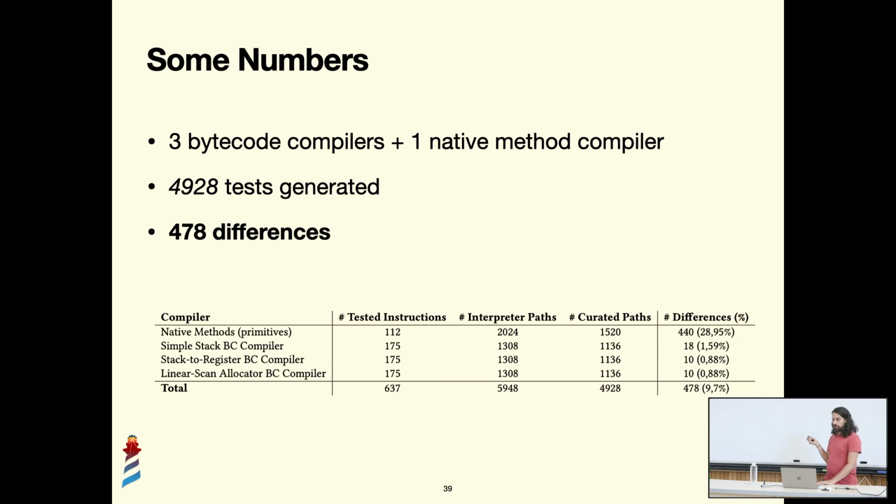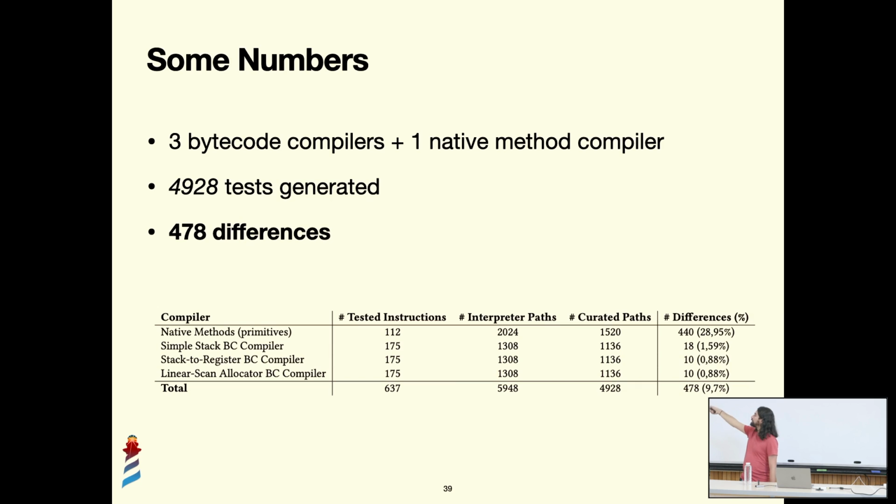Now, some numbers. We used that on the VM to do differential testing between the bytecode interpreter and the different compilers that we have. We have the ones that we use in production, but we have some other ones that are there for research and stuff like that. We tested not only the compilation of bytecodes, but also the compilation of primitives.